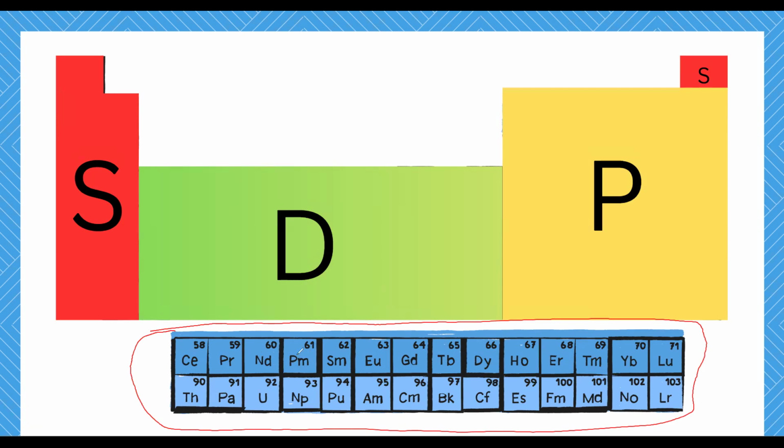We've dealt with the s block, the d block, the p block, and this is the final one, the f block. Any element you pick from here will end up with the f subshell being filled in its electronic configuration.